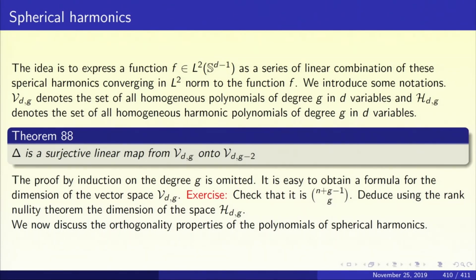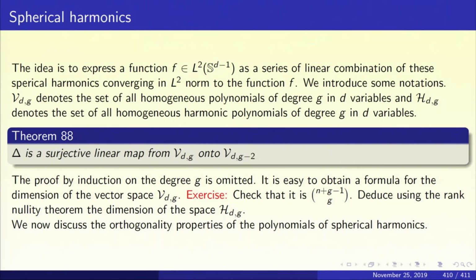The Laplacian is a linear transformation from V_d^g to V_d^(g-2). When I differentiate a polynomial twice, the degree goes down by 2. So a homogeneous polynomial remains homogeneous when I differentiate it. So the Laplacian, a second order differential operator, will take the vector space V_d^g to the vector space V_d^(g-2).